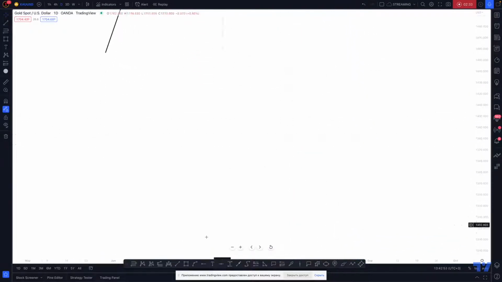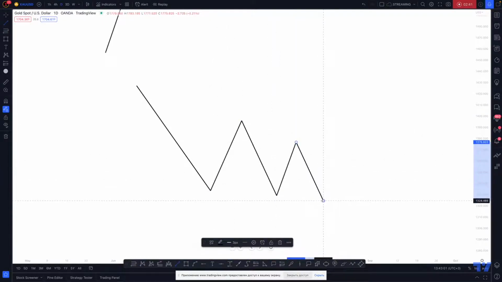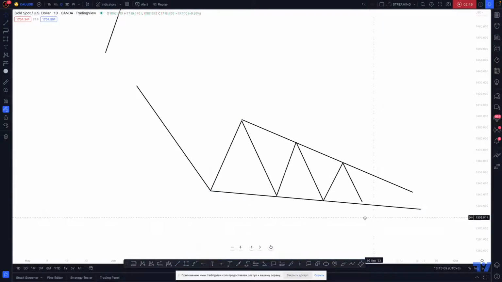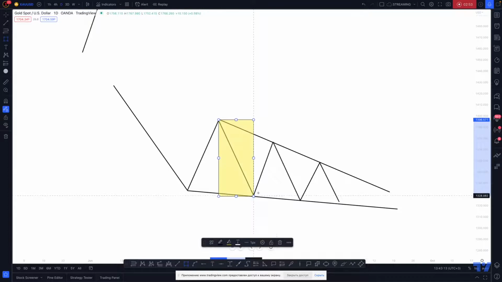Same thing with the falling wedge. Yes, after a strong bearish impulse, the market keeps trading in a bearish trend. Yes, but we can see the contraction of a price action. You can see that here the selling waves become weaker and weaker.